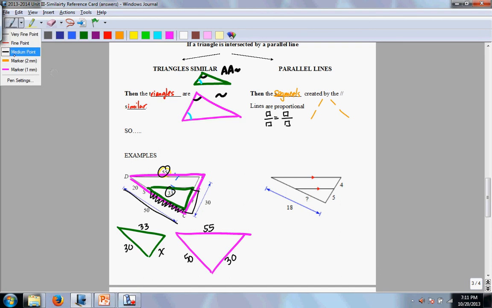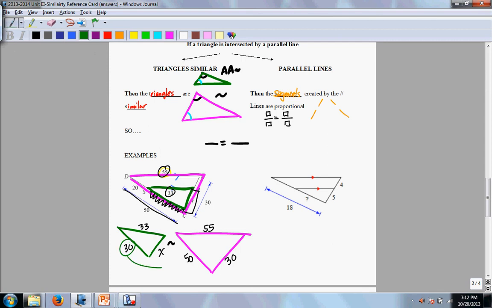So now, knowing these triangles are similar, we can make a proportion. I'm going to go left over right equals left over right.